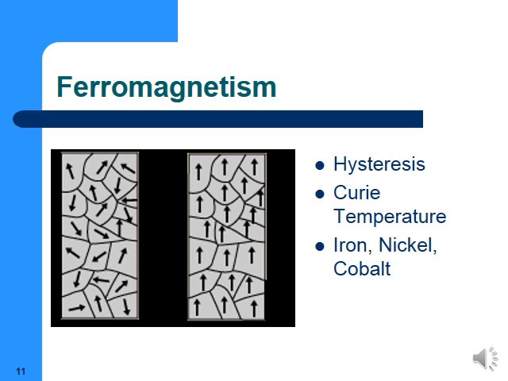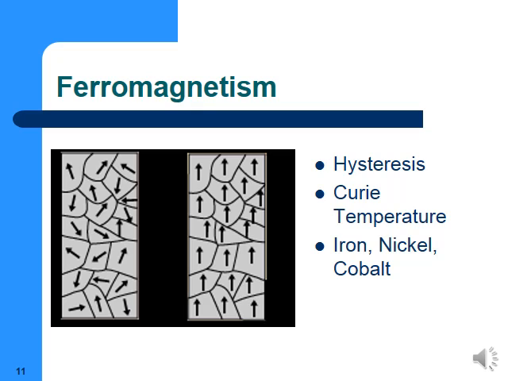However, as you can see on the left-hand side, all of these domains are aligned in different ways in a demagnetized piece of iron. And then once that iron is brought into a magnetic field, you get the picture on the right, where all of these domains tend to align with the field. And at that point, that bar of iron or nickel or cobalt is magnetized and behaves as a magnet.